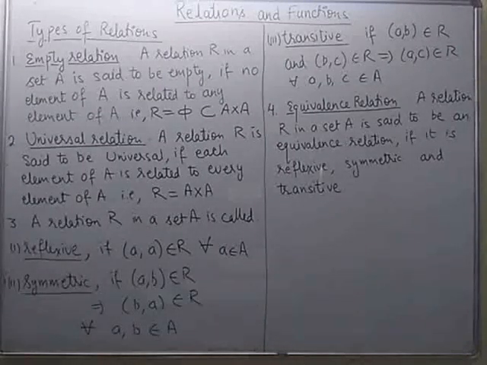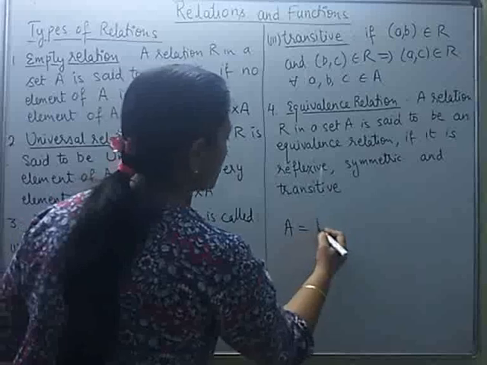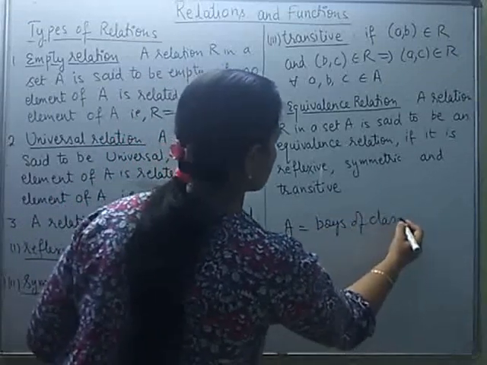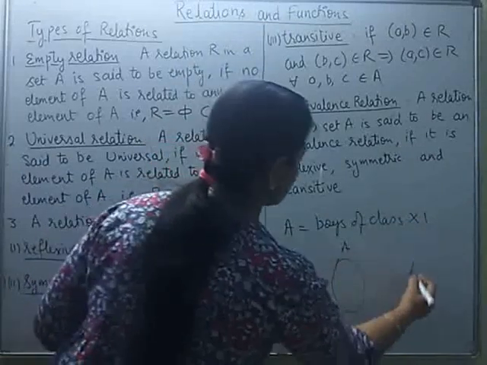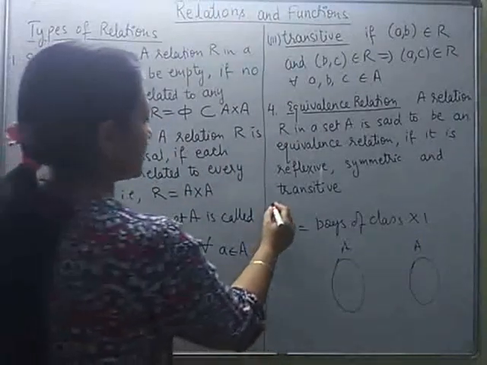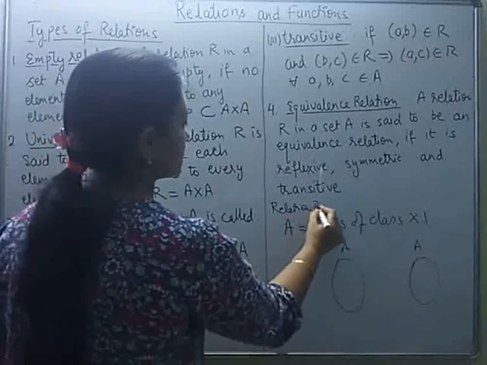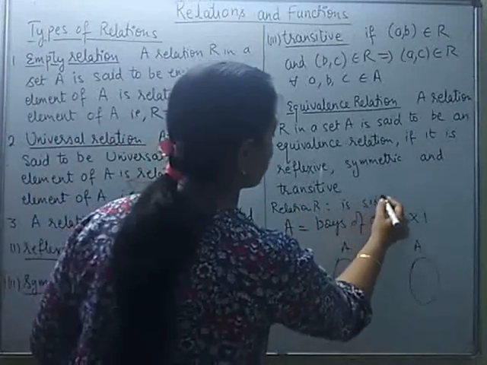We can quickly take an example. Suppose set A is denoting, let us say, boys of class 11th. So this is set A, boys of class 11th. This is also set A, boys of class 11th. And say the relation is sister of.